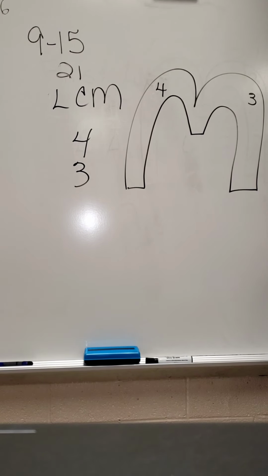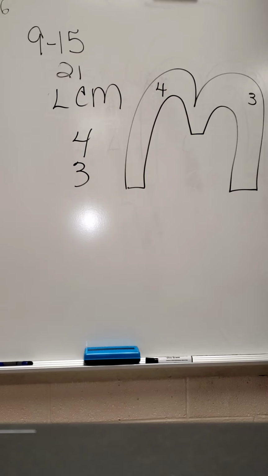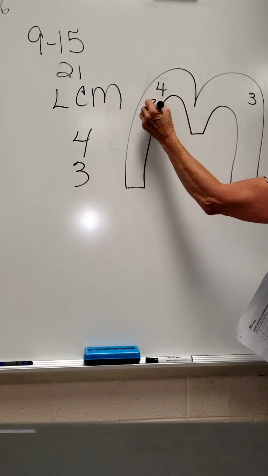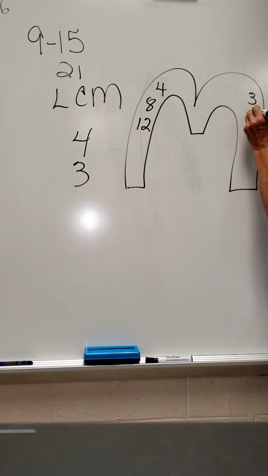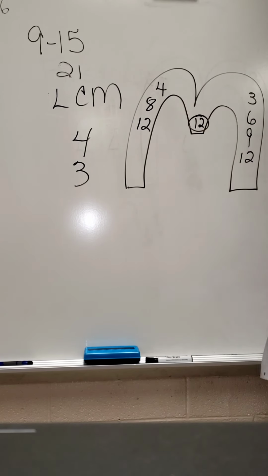If you know your multiplication facts really, really good, you probably can tell me what the first number is that I'm going to have over here on the left and on the right. Can anybody tell me? You can have the same number on both sides. If you have 12, that's right. 4, 8, 12. Count by threes: 3, 6, 9, 12. And put the 12 there, and boom, you got it.